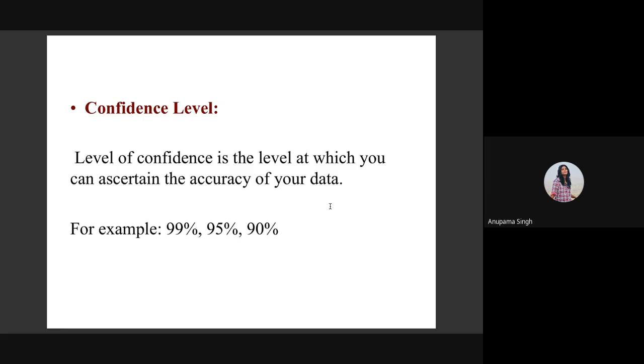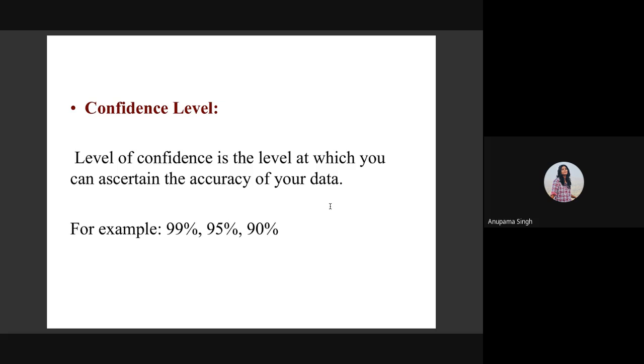A 99% level of confidence is required in a lot of medical studies, because when we are testing the effectiveness of a drug, it should be 99%, because we are testing the drug on a human or an animal, right?